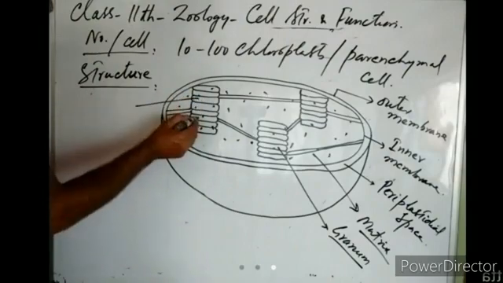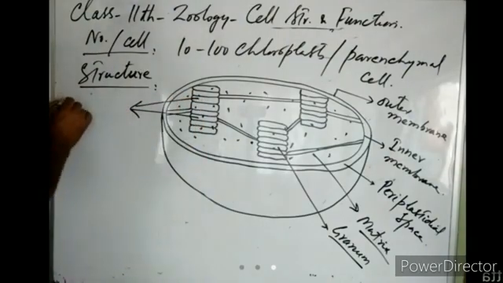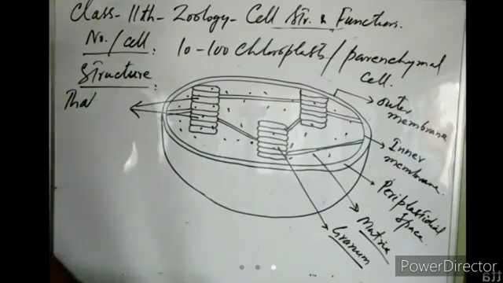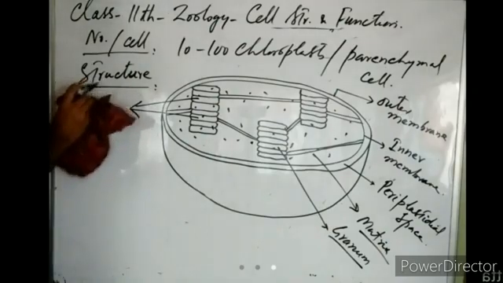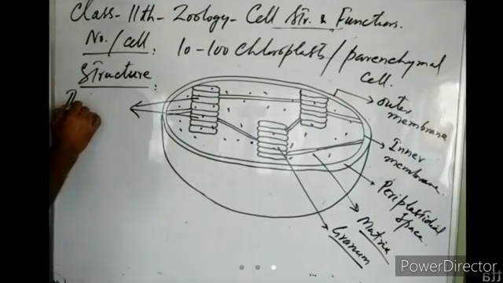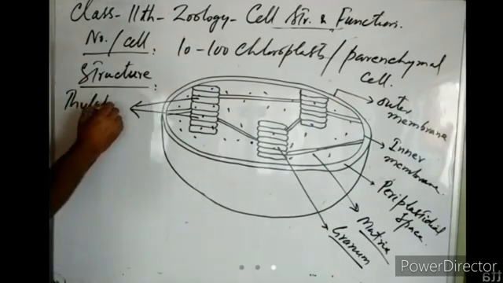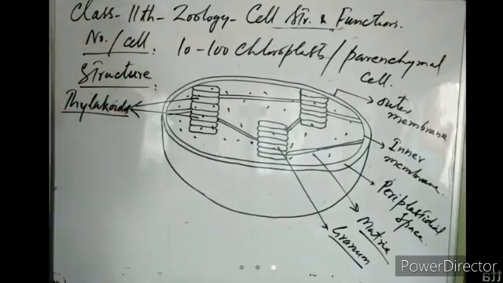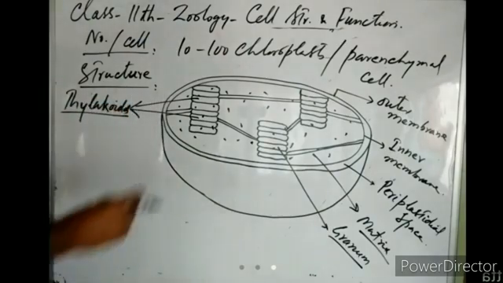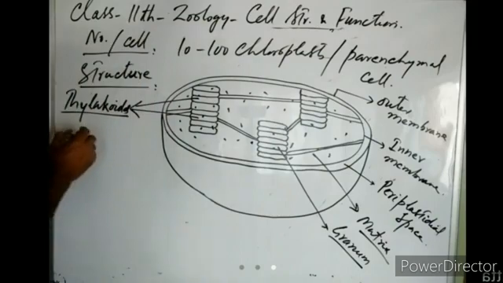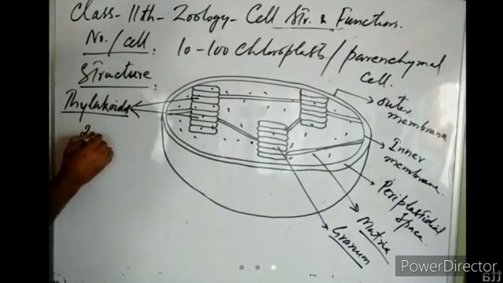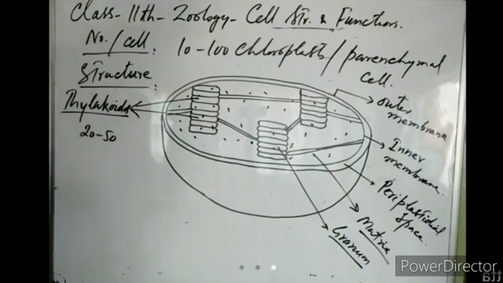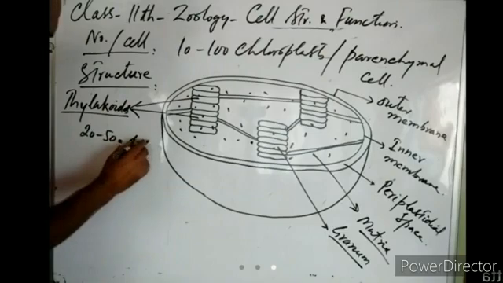These sac-like structures are known as thylakoids. How many thylakoids make one granum? Some 20 to 50 thylakoids or more. When they are stacked upon each other, they form one granum.